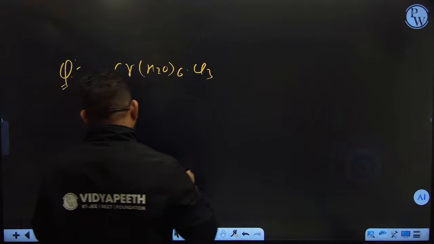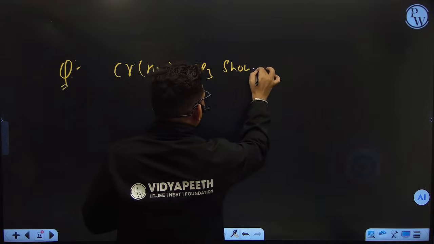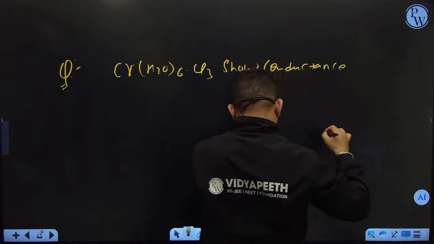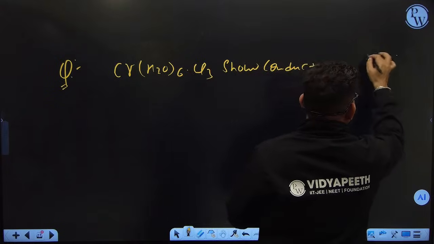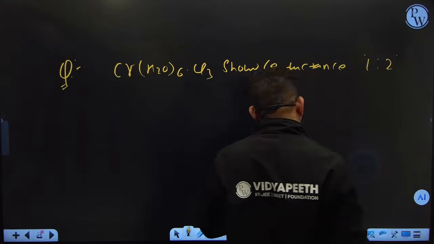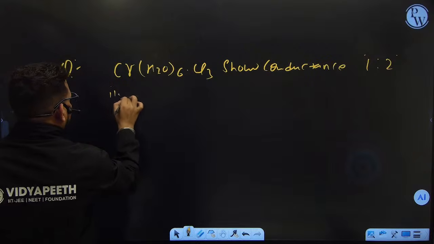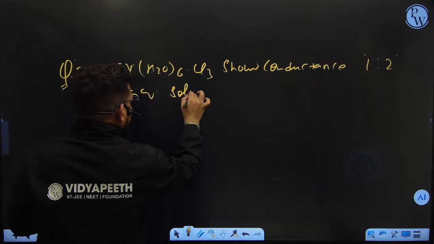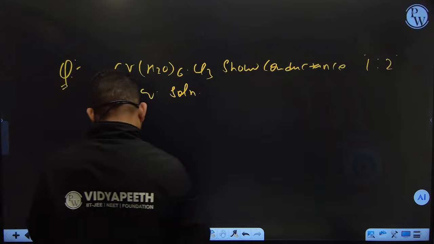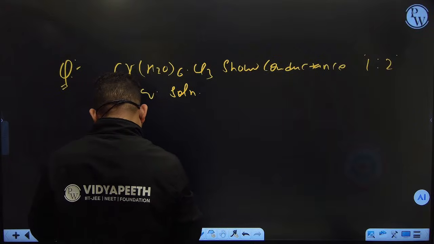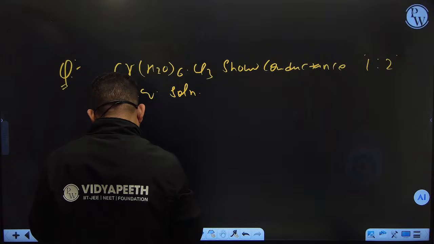It shows conductance of 1:2 electrolyte in aqueous solution. Some data is missing in this question.